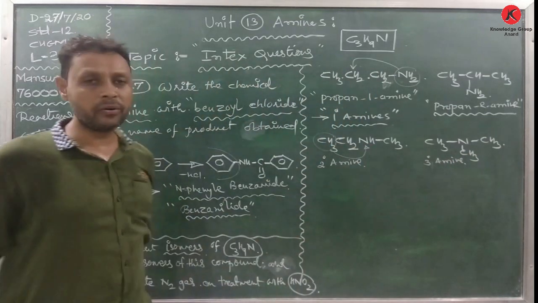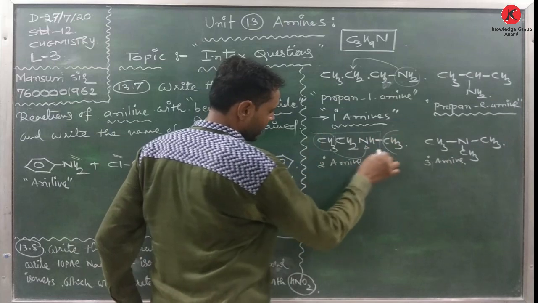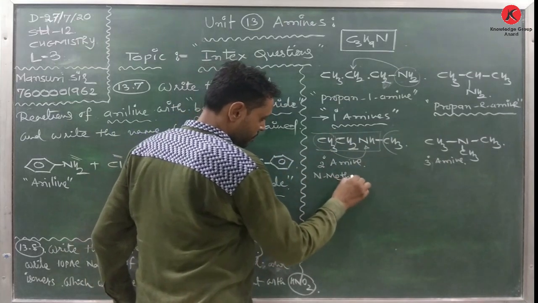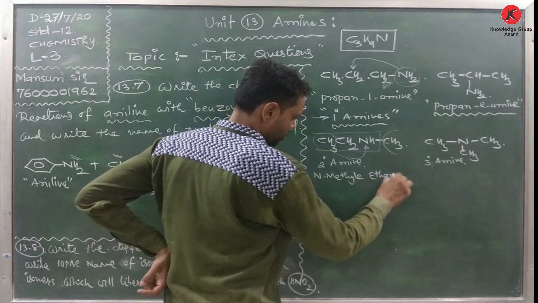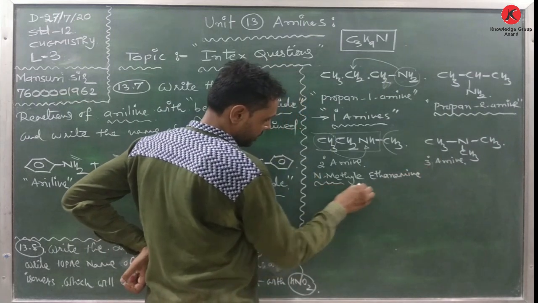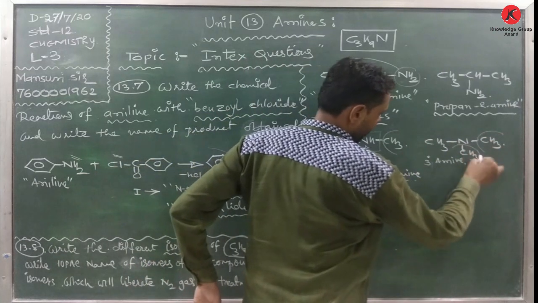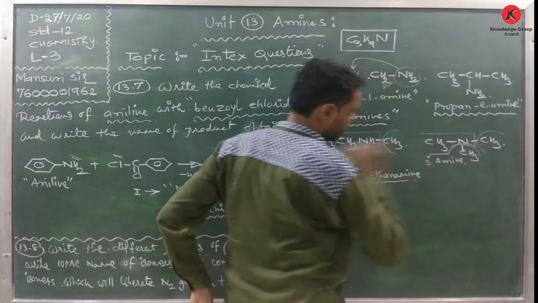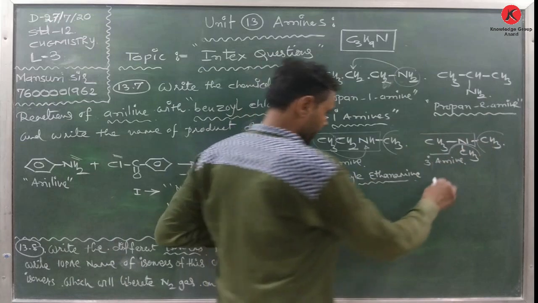What is the name of this compound? N-methylethanamine. And the tertiary amine is N,N-dimethylmethanamine.